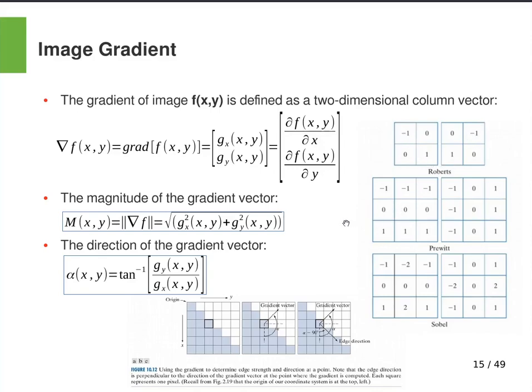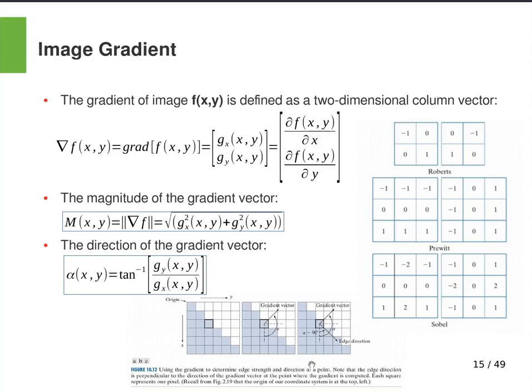We can have Prewitt kernels, which are 3 by 3 kernels, and then we can have Sobel kernels, and these are not the only kernels that you can use for calculating the gradient or the first order derivative along the horizontal and vertical axis, but these are the very common ones.